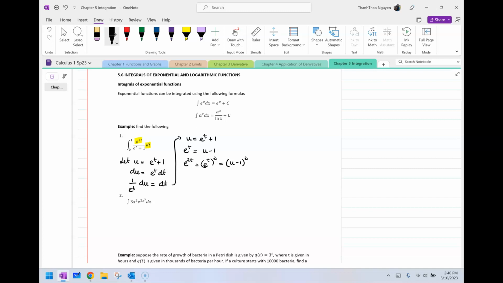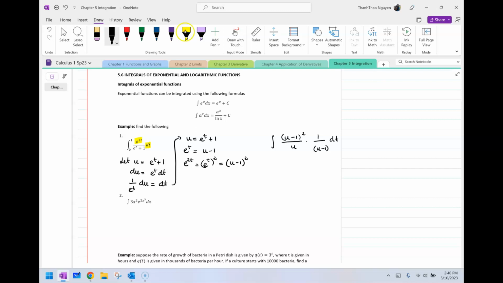Now we have everything in our integral. Let's go ahead and rewrite this integral as u minus 1 squared, divided by u. dt is 1 over e to the t, so that's 1 over u minus 1 times du.